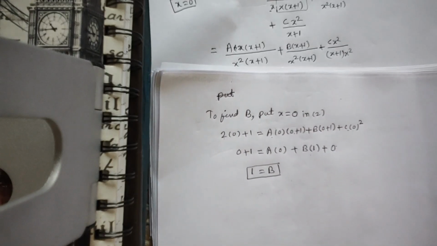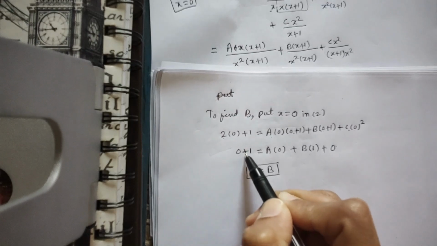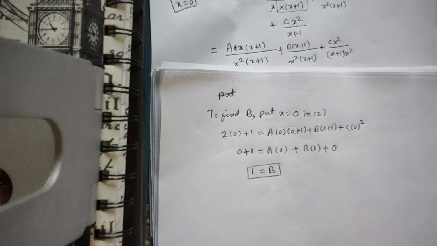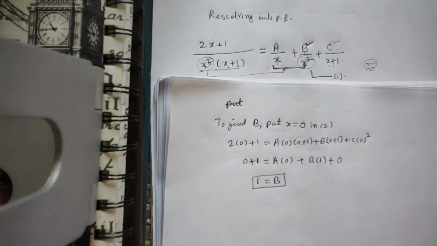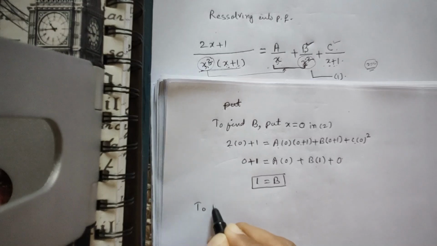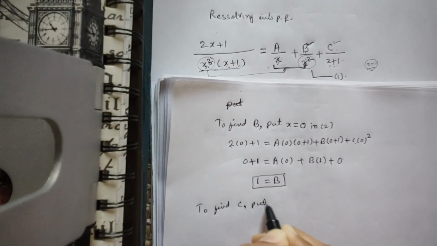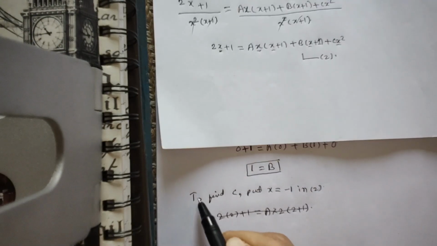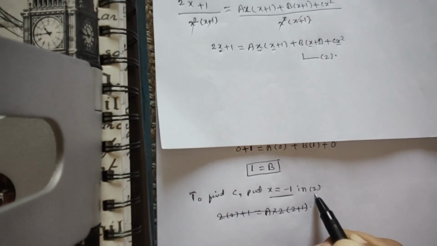Just see the calculations, and 1 equal to B. Alright. Now to find C, I'll put x equal to minus 1 in equation 2.